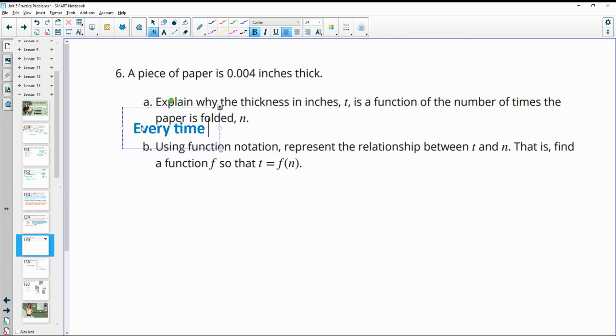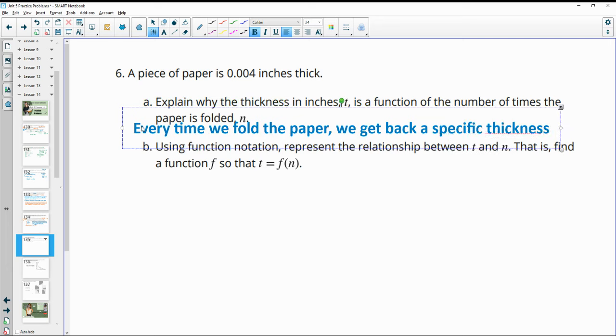So every time we fold the paper, we get back a specific thickness. This is the number of times we folded it. This is how thick the paper is. There's not multiple different thicknesses that come back for different folds. If you know the number of folds, we can figure out the thickness. So that makes it a function.